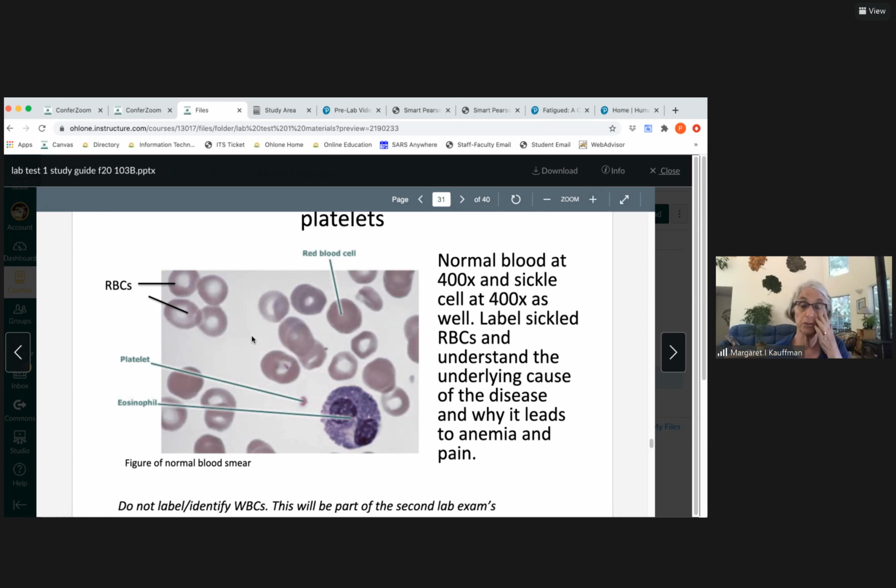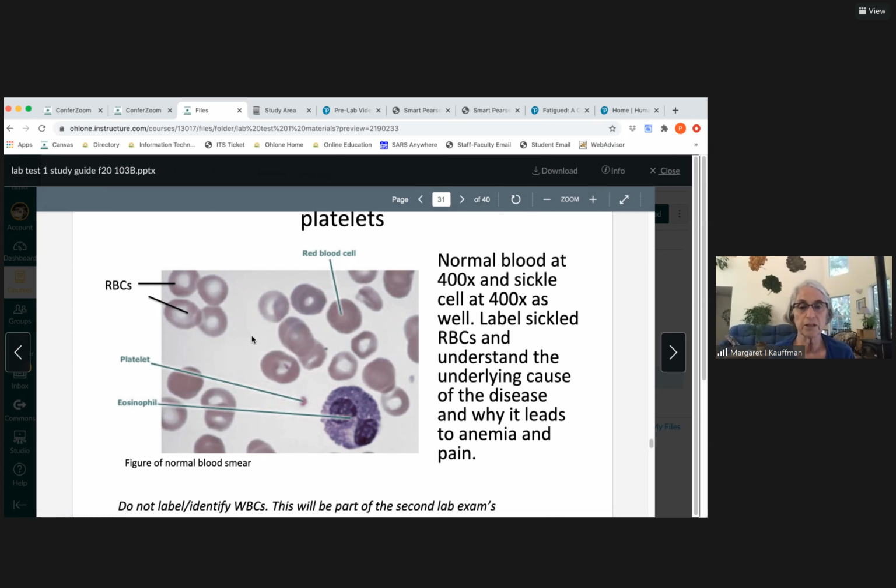And they'll remove them at such a high rate that at times it could be impossible for the bone marrow to replenish the removed cells at the same rate they're being removed. And you end up with a low red blood cell count, which is one way in which you can have anemia.